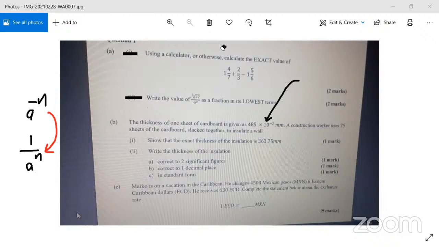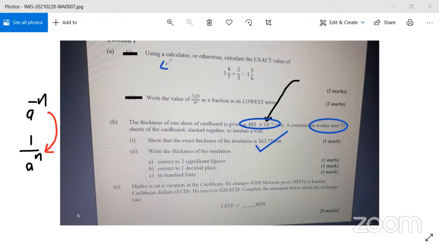So what they're asking us to do really, they're asking us to prove that when we multiply 75 by this measure right here, the result we get will be this. Right? So let's do it and see what we come up with.